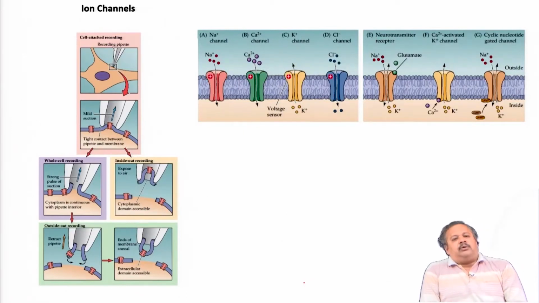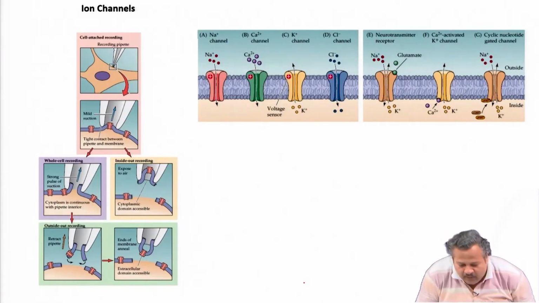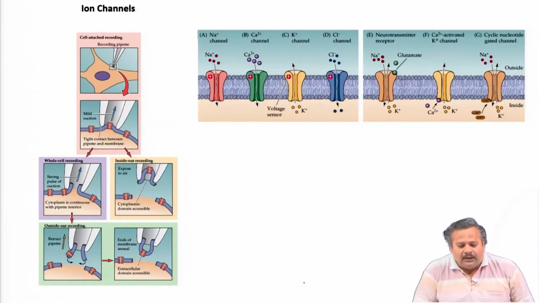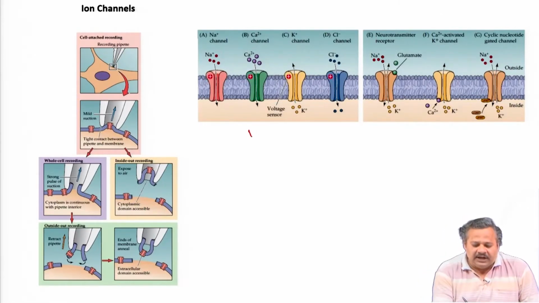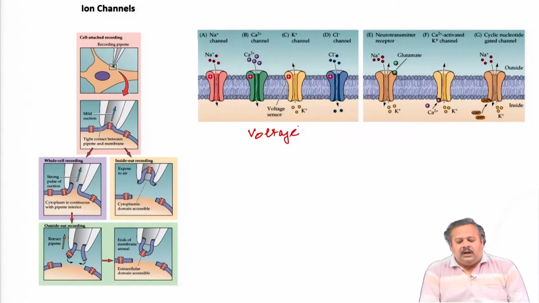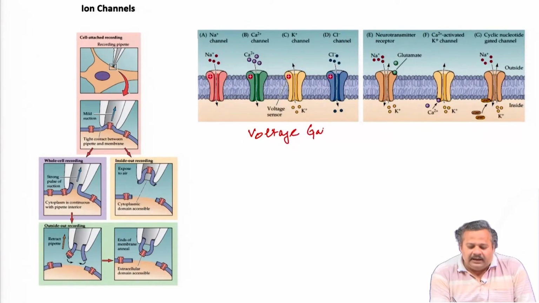These are essentially transmembrane proteins, and they are generally of two kinds, the two kinds that we will talk about mainly in this course. One is voltage gated, on the left, and the other is ligand gated.